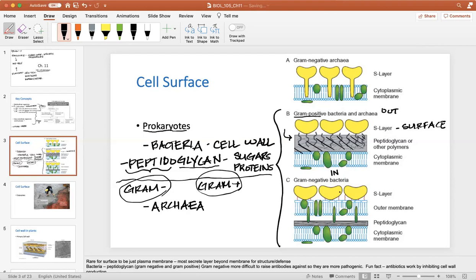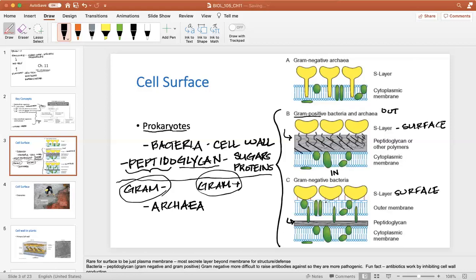And then on the most outermost layer, you have this surface layer of glycoproteins, okay? So the reason that gram-negative bacteria are unable to be stained using the gram stain technique is that the stain really can't access this cell wall to stain it.